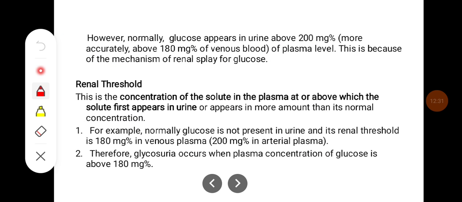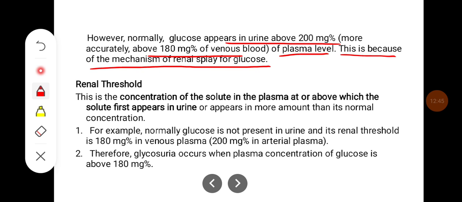However, normally glucose appears in urine at about 200 milligram percent, more accurately above 180 milligram percent of venous blood, and this is because of the mechanism of renal threshold for glucose.